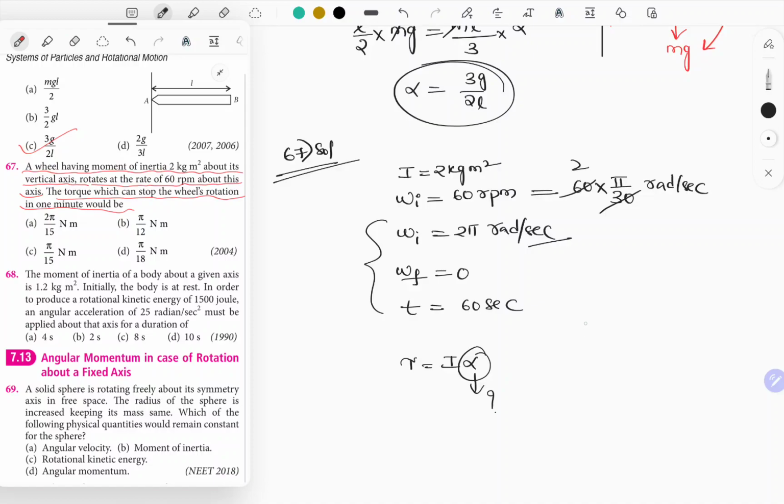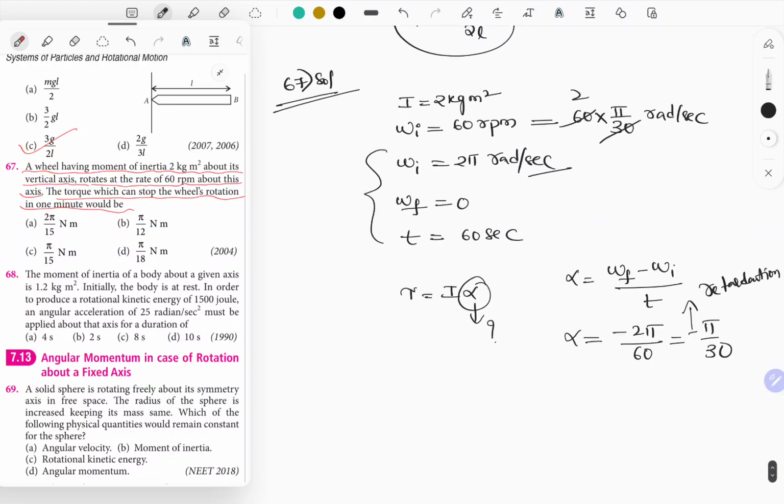So how to find alpha from the given data? Alpha can be written as omega final minus omega initial divided by time. Omega final is 0, omega initial is 2 pi, so minus 2 pi by t, which is 60 seconds. It is going to be minus pi by 30. Minus represents retardation.